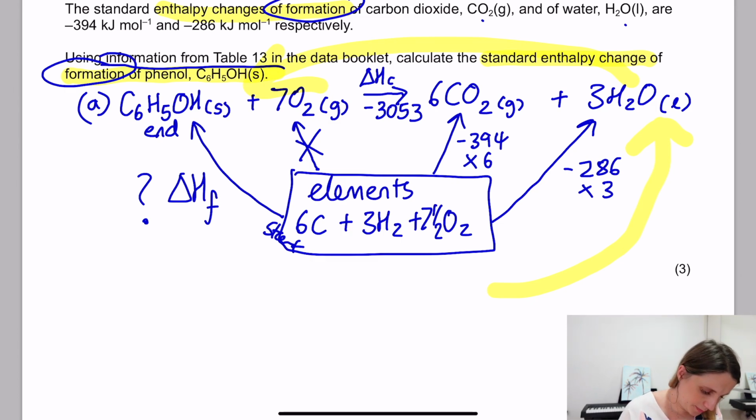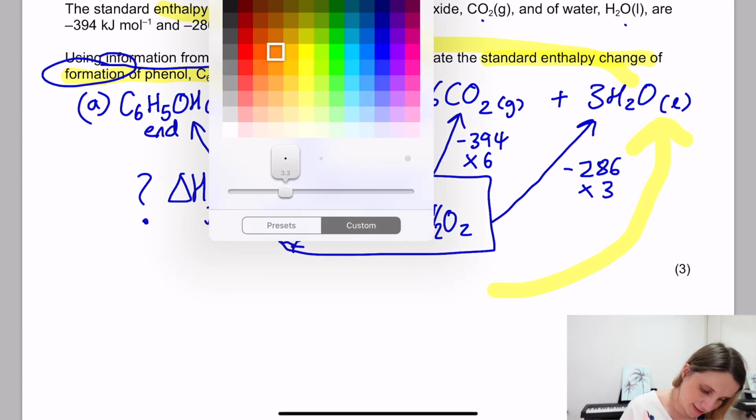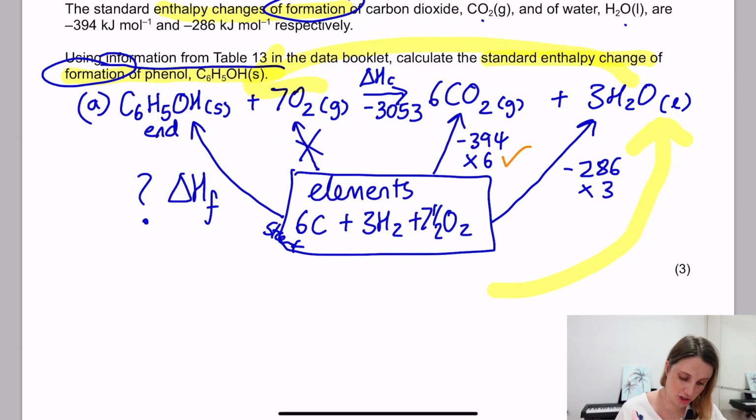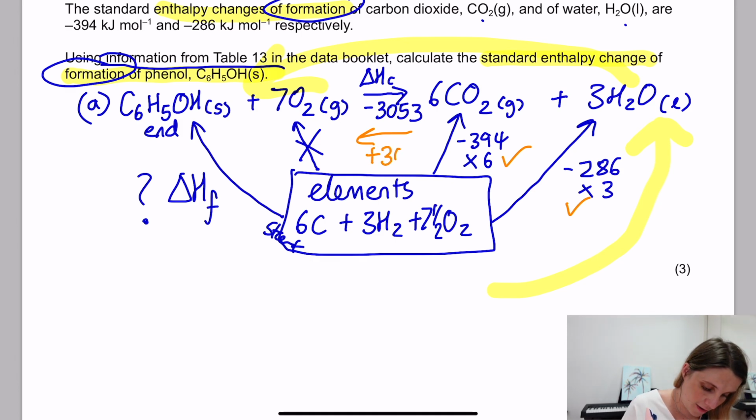So overall, I can see that this arrow here is going in the right direction. It's going up and around, as is my water formation here. This combustion arrow, however, is going in the opposite direction. It's not going the right way. So I need to flip this arrow round, and that becomes a plus 3053 kilojoules per mole.